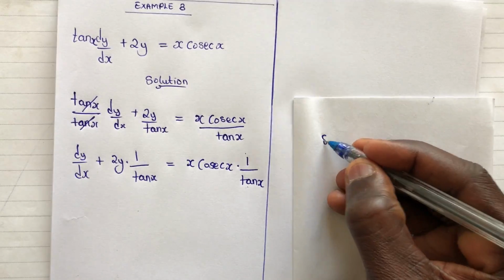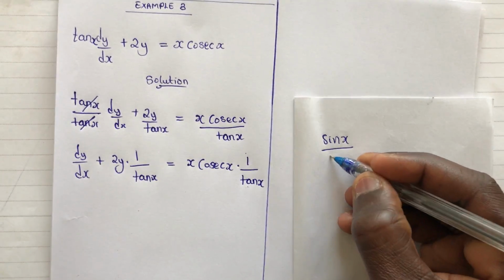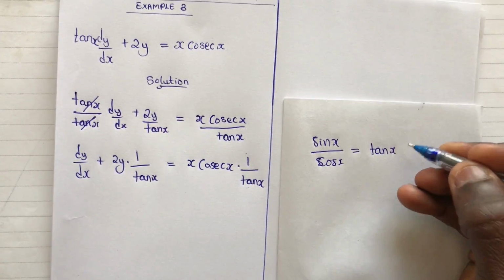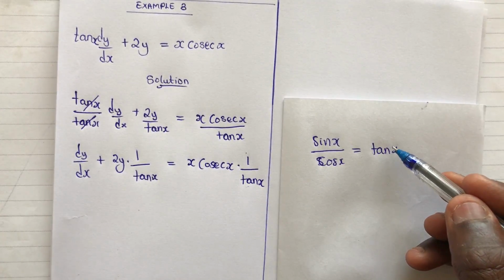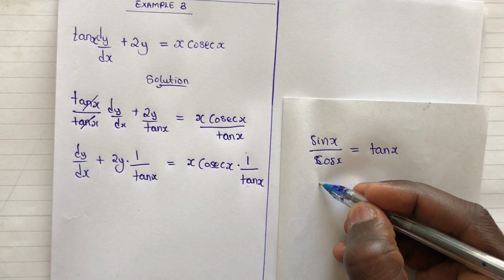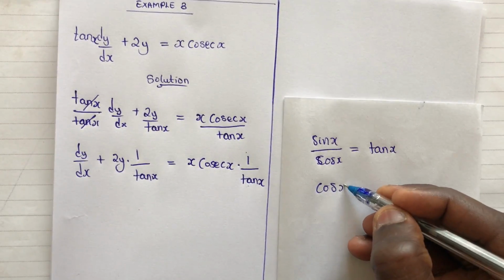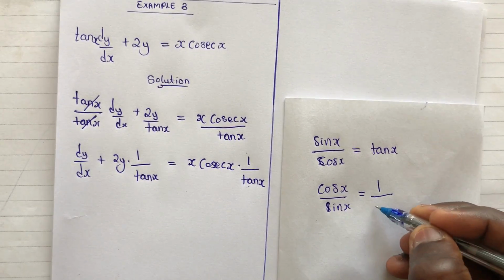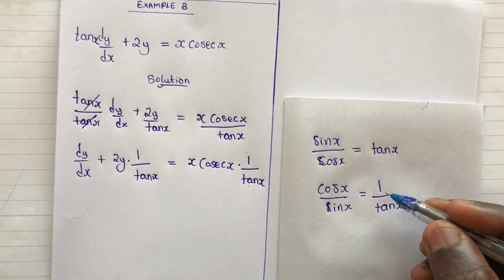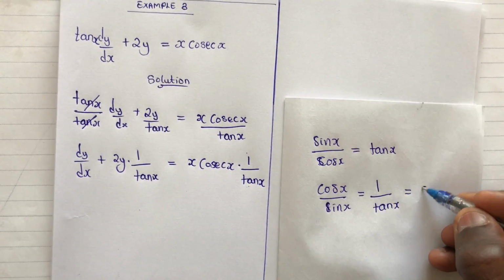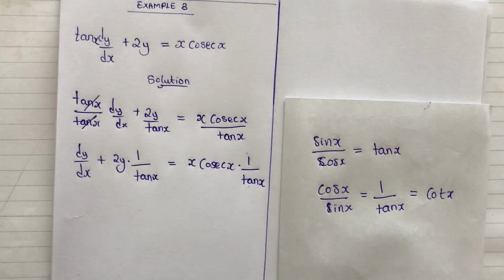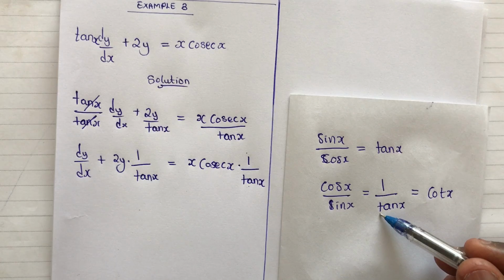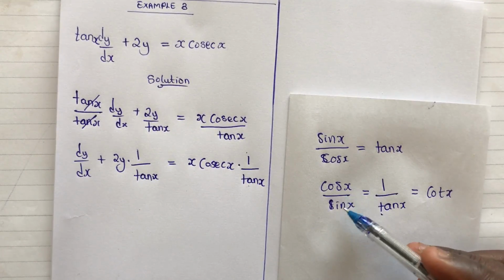We know that sine x over cos x equals tan x. So when I reciprocate this one, I'll get 1 over tan x. Therefore cos x over sine x equals 1 over what? Tan x. Now this 1 over tan x is the same as cot x. So cot x is the same as 1 over tan x, at the same time equal to cos x over sine x.